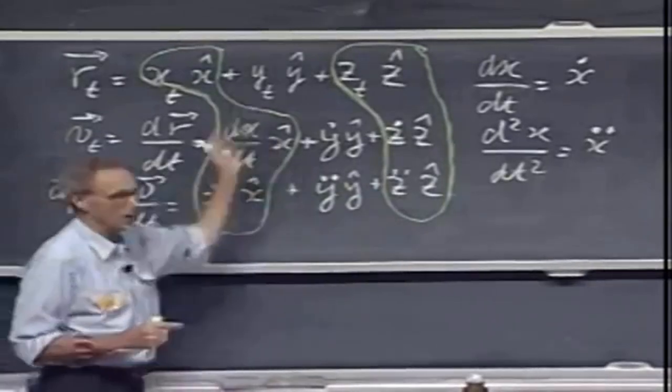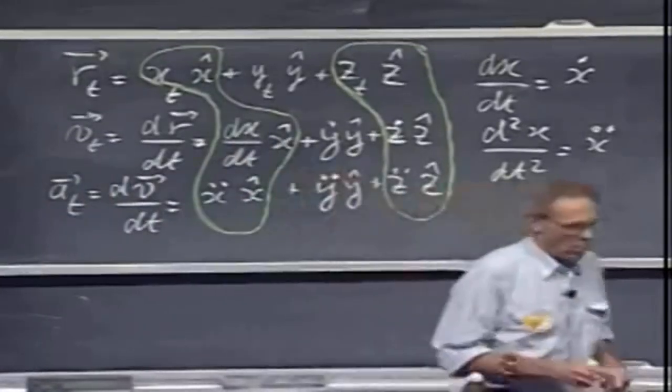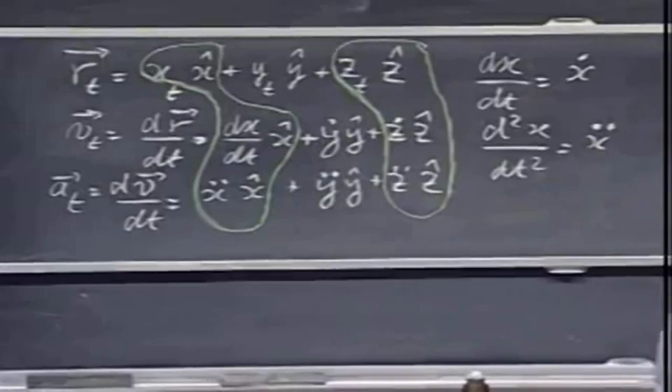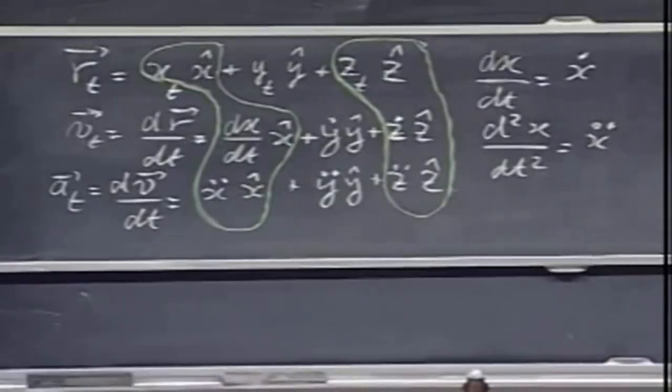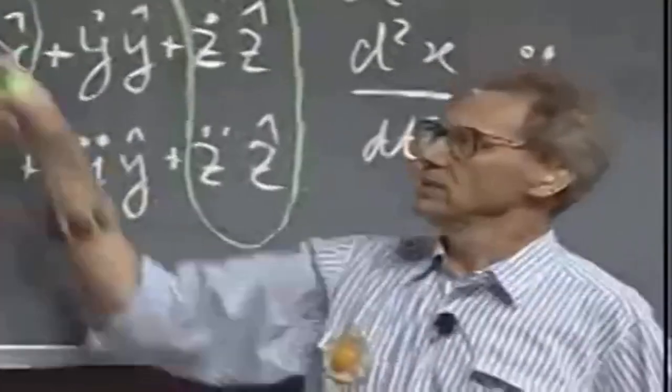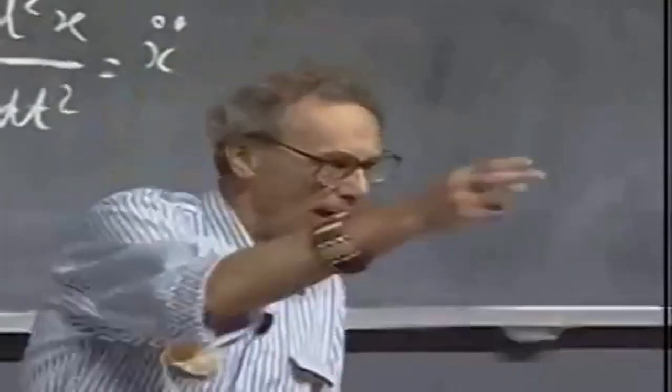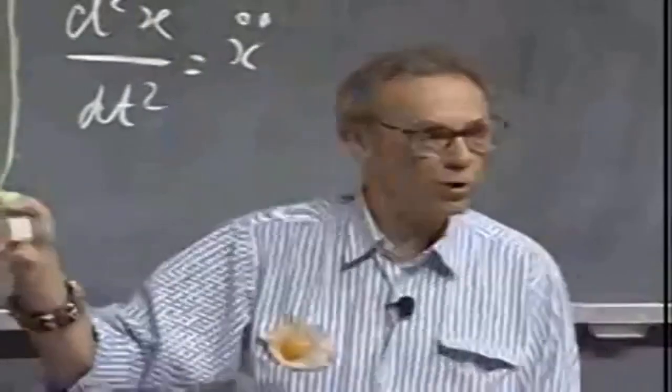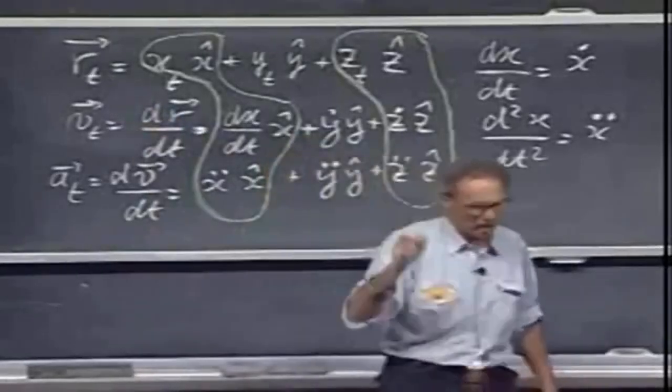And here you have the y. In other words, we have now a three-dimensional motion we have cut into three one-dimensional motions. This is a behavior only along the x-axis, and this is a behavior only along the y-axis, and this is a behavior only along the z-axis, and the three together make up the actual motion of that particle.